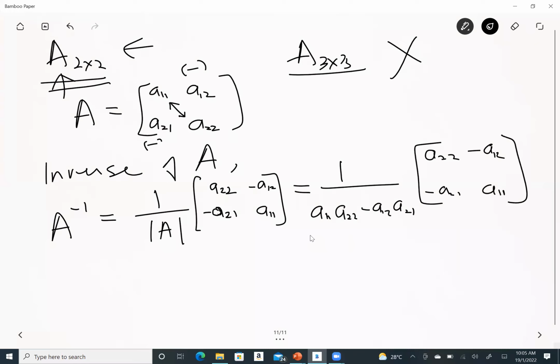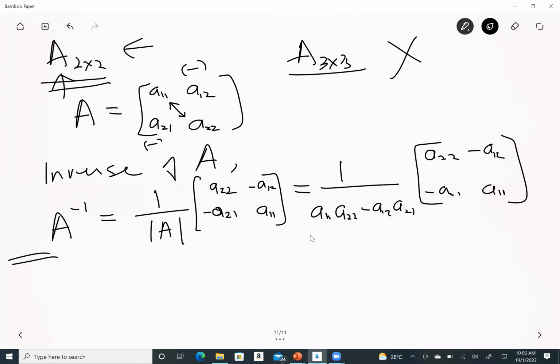So that is the inverse of A. For a 2 by 2, we don't use the formal method, we just use this. Actually, it comes from the other method, but we just simplify that.